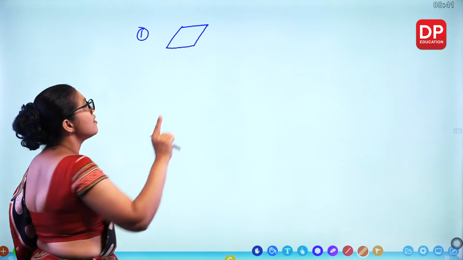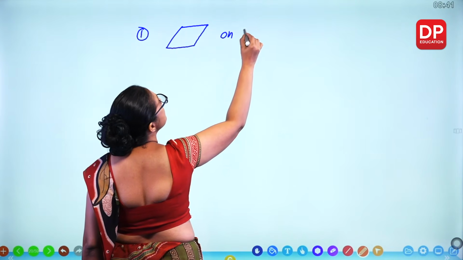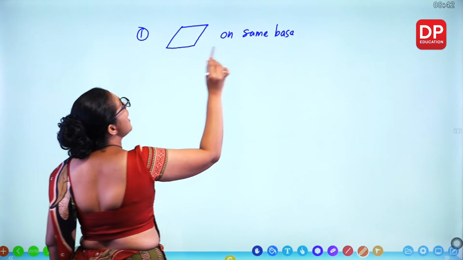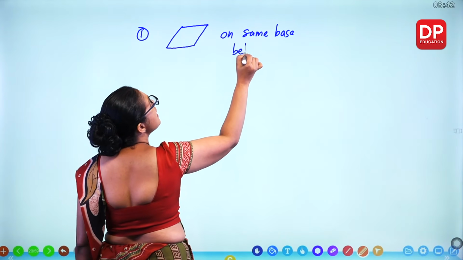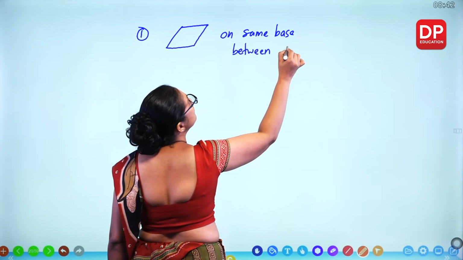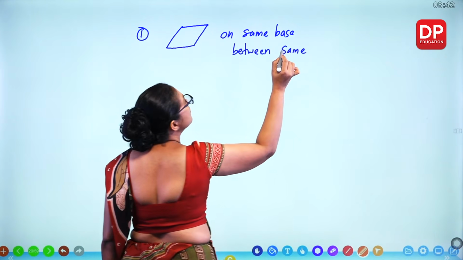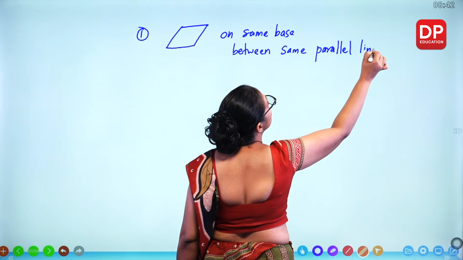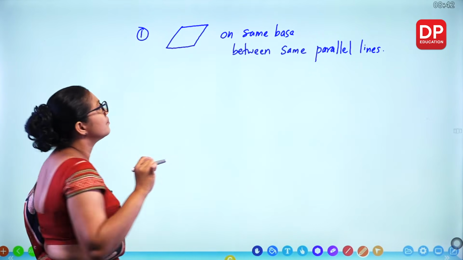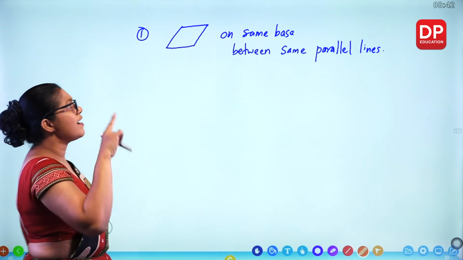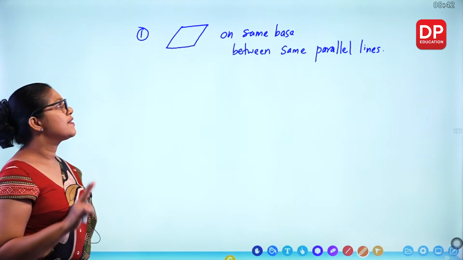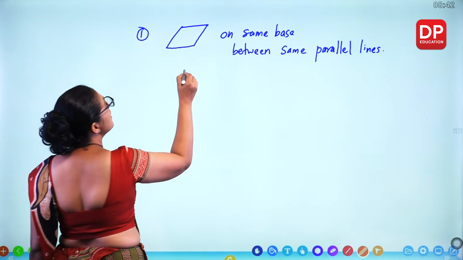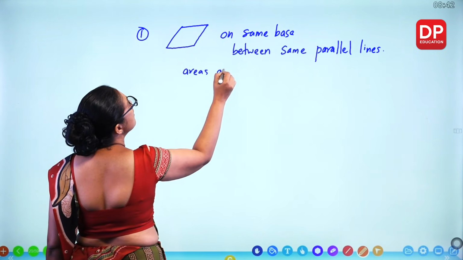Two parallelograms on the same base and between the same parallel lines, what can we say about the areas? When two parallelograms have the same base and the same parallel lines, both are equal. Areas are equal.